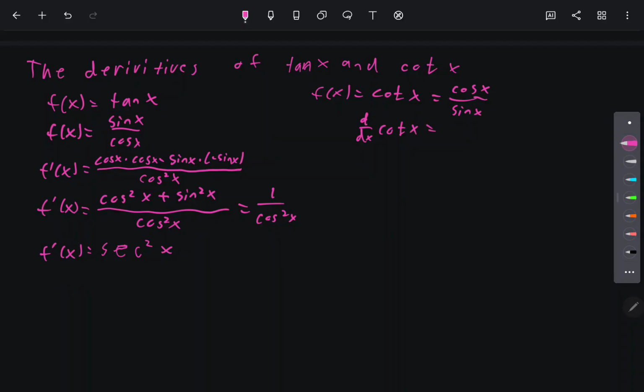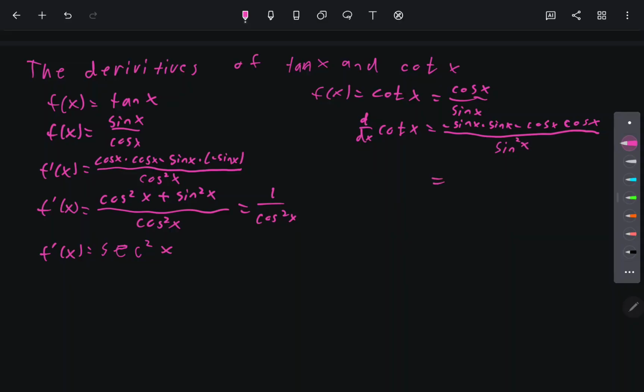The derivative of the top is just negative sine of x times the bottom, which is sine of x, minus the top, which is cosine of x, times the derivative of the denominator, which is cosine of x, all over sine of x squared.